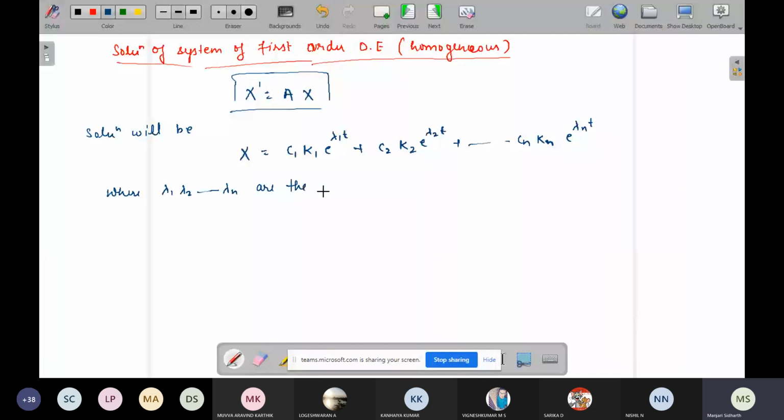So you know how to find the eigenvalues, right, of the matrix A, and k1, k2, kn are the corresponding eigenvectors.